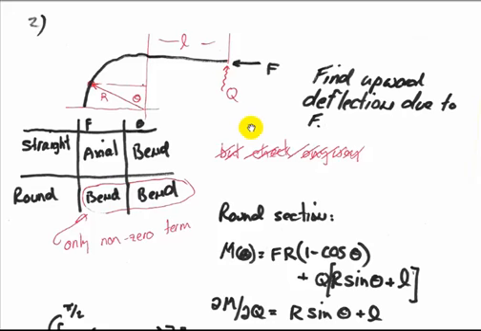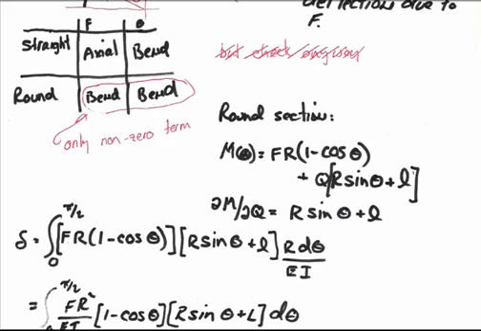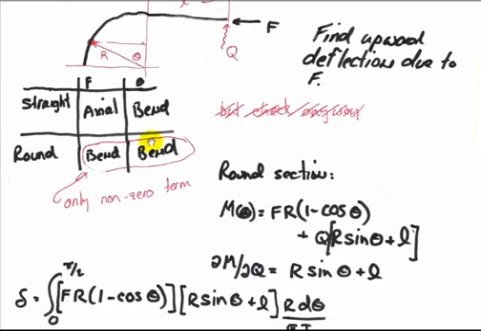And so let's take a look at the round section, where we will be writing the bending energy due to both Q and F. The moment in the round section, as we saw before, based on F, is FR(1 minus cosine theta).